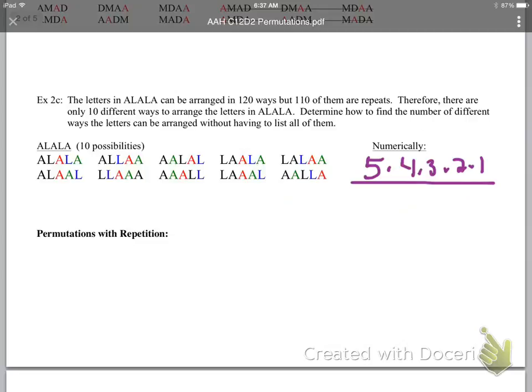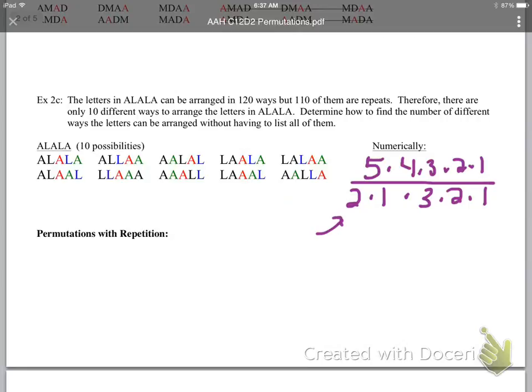Here's how you would do it numerically. We have to divide by how many ways I can arrange the L's. There are 2 of them, so 2 times 1 ways, times how many ways I can arrange the A's. There are 3 of them, so 3 times 2 times 1. And that's going to equal our 10.